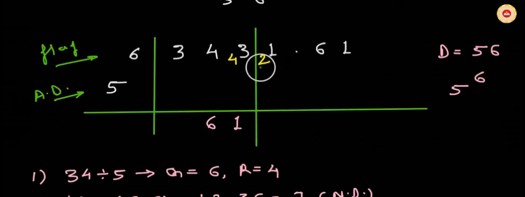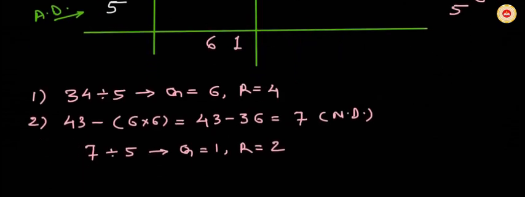Now read these two digits 2 and 1, 21. 21 is the new gross dividend. Let us calculate the net dividend out of this gross dividend 21. Friends, please pause the video and write these two steps.